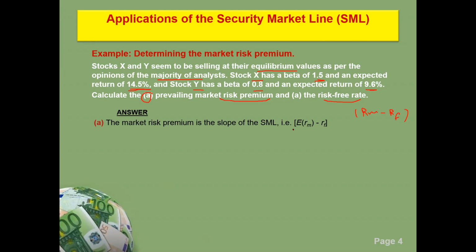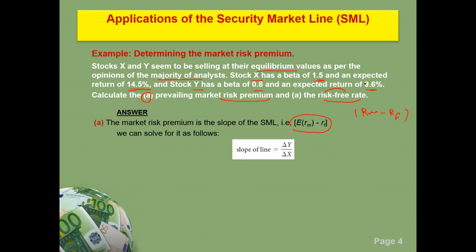To calculate the market risk premium, we need certain other values, like the risk-free rate, which we don't have. If we plug the risk-free rate into the CAPM equation, then we could find it, but we don't have that, so we have to use some other approach.